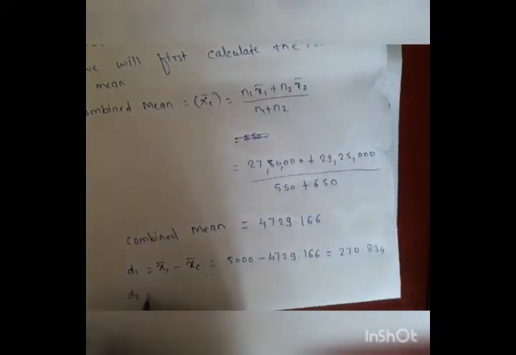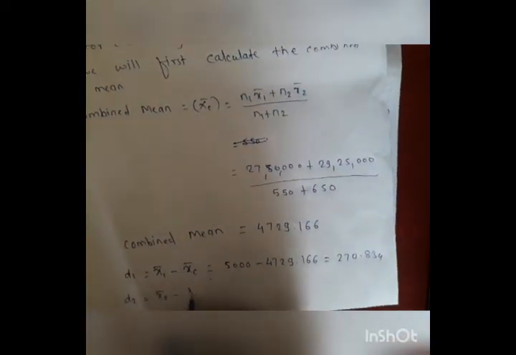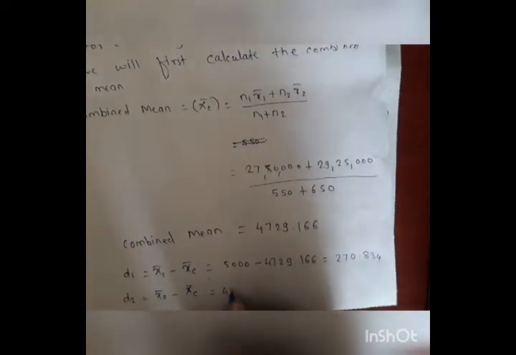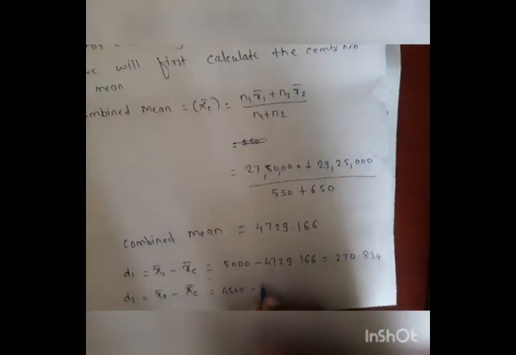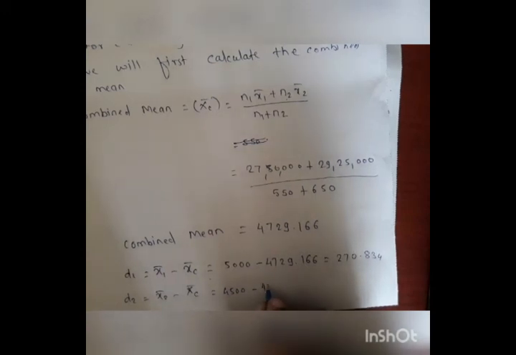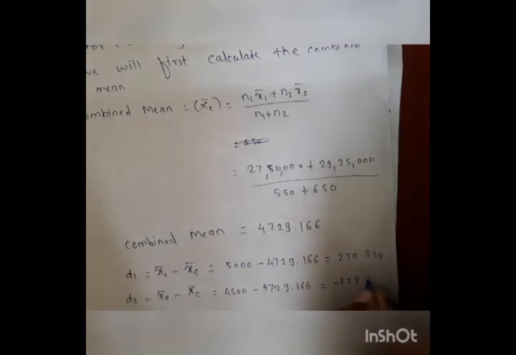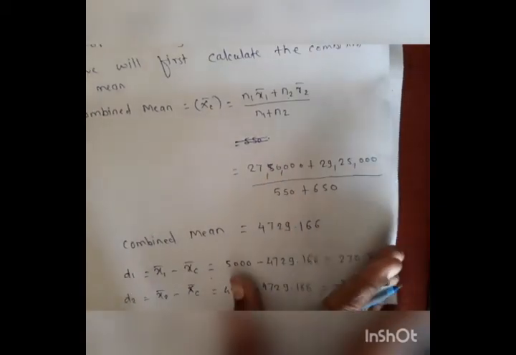And d2 is x2 bar minus xc bar, which is 4,500 minus 4,729.166, which is equal to minus 229.166.